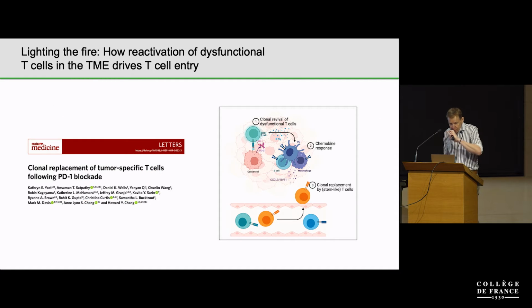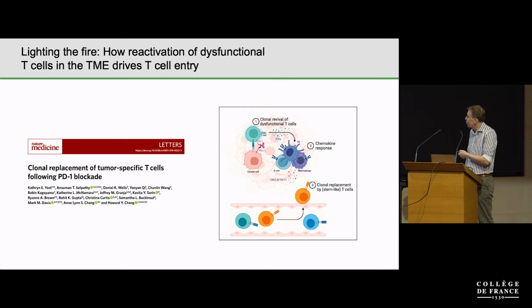So wrapping up this part, I think what these data show and argue for is how reactivation of dysfunctional T cells in the TME lights the fire and thereby drives T cell entry. What I think happens is the moment you block the PD-1, PD-L1 pathway, those cells that are already resident next to potential killing of tumor cells, which you do not visualize, they alter the tumor microenvironment through interferon gamma.